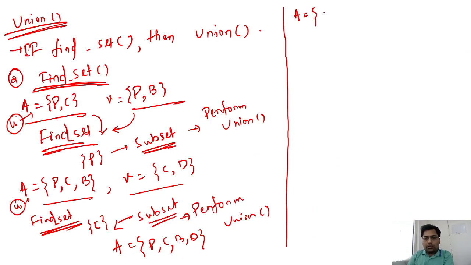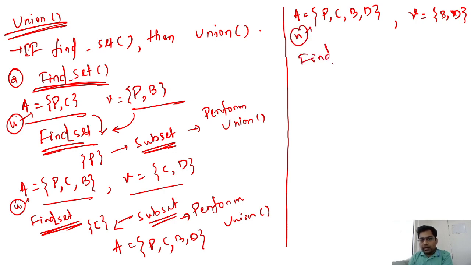A was P, C, B, and D, and V will be B, D, because we are doing the find set. Okay, in this case, let us assume this is U for us. Here, whenever we are doing find set operation, we got B, D are common, which is a set again.